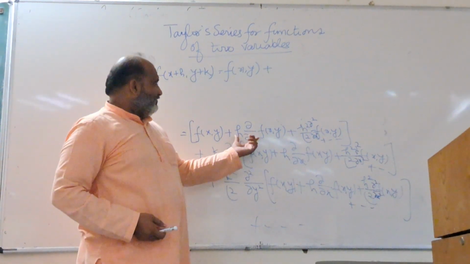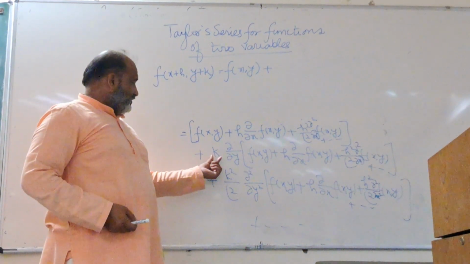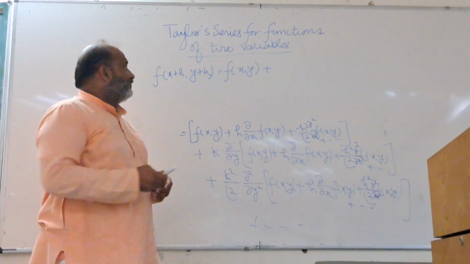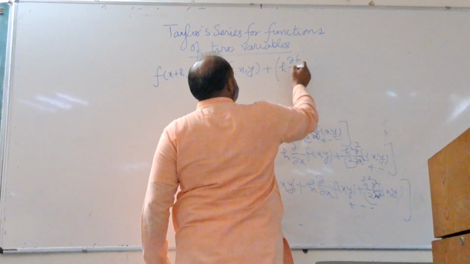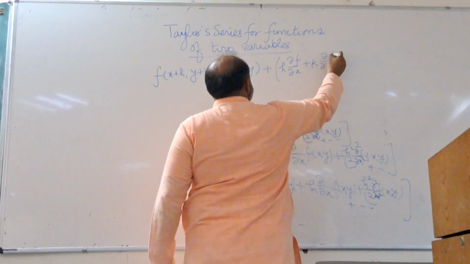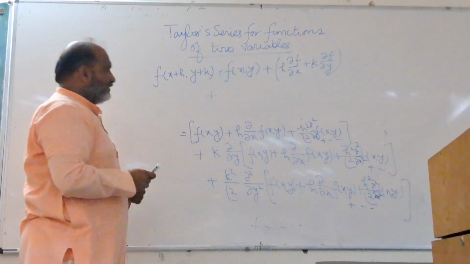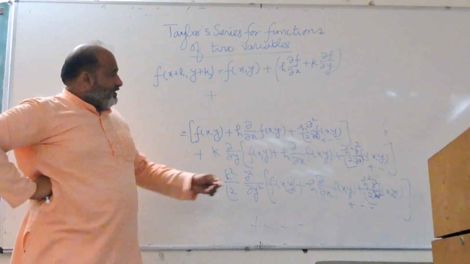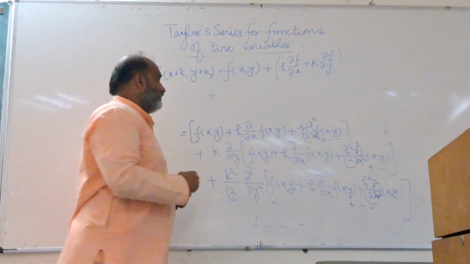So the first derivative is h ∂f/∂x, and from the second term, k ∂f/∂y. So write it like this: h ∂f/∂x plus k ∂f/∂y, plus, coming to the second order derivative, h²/factorial 2 ∂²f/∂x².